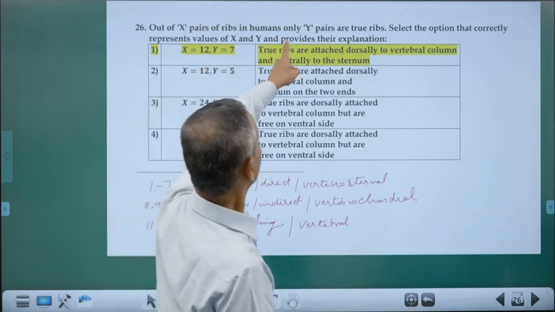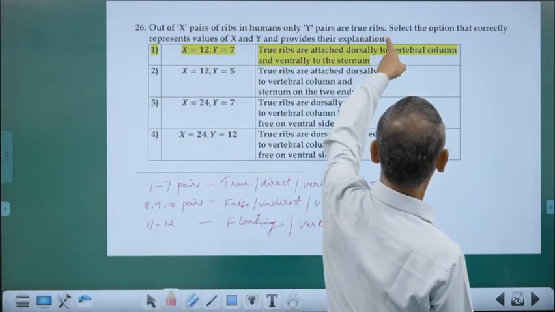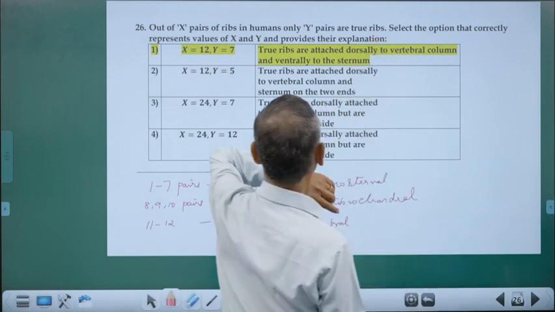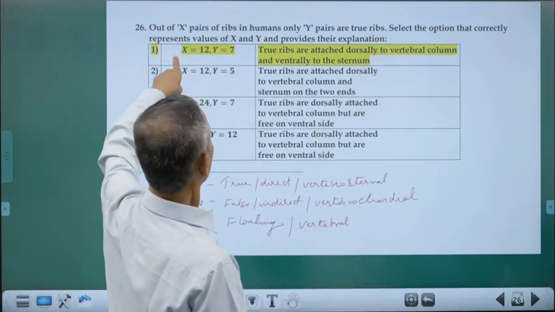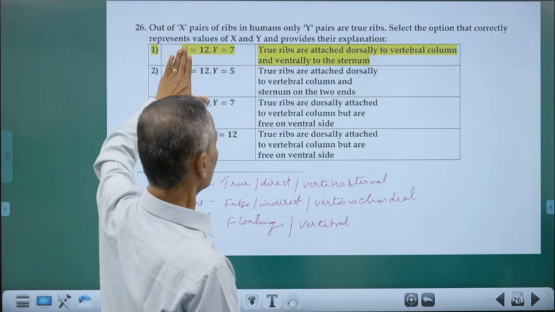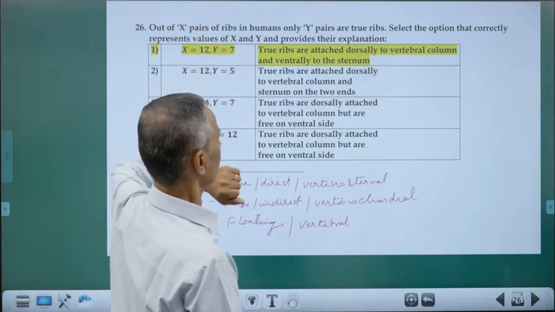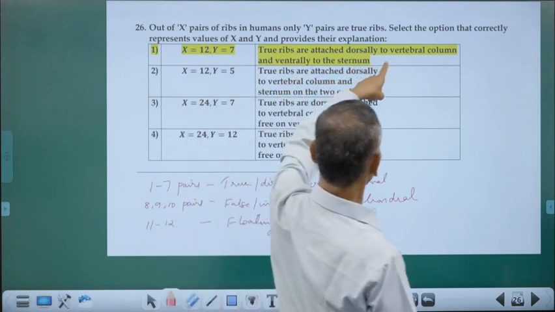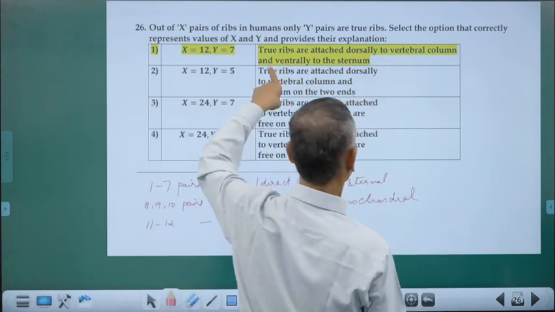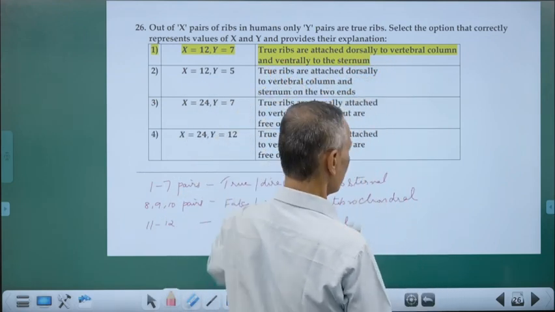Seven pairs are true ribs. The total number is 12, of which true ribs are 7. True ribs are attached dorsally to the vertebral column, that is vertebrae, and ventrally to the sternum.